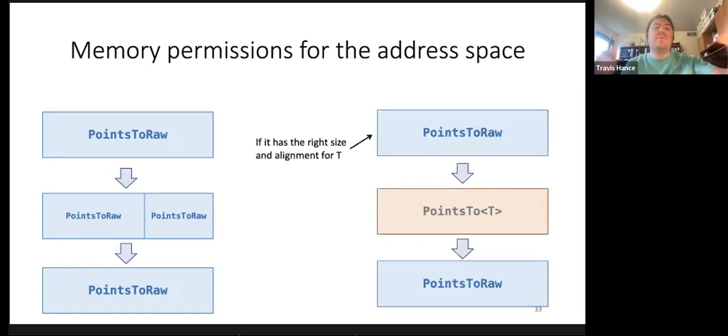And you can also turn a points to raw into a points to T, as long as you have a memory permission for a range of memory that has the right size and alignment. So if you have some uninitialized memory somewhere, you can turn it into initialized memory for T by just writing a T there, and then you basically convert the points to raw into the points to object.